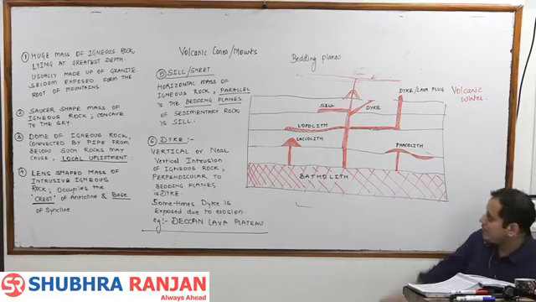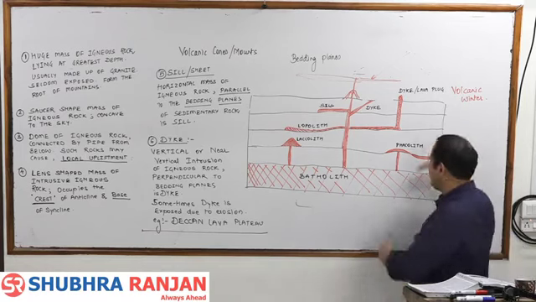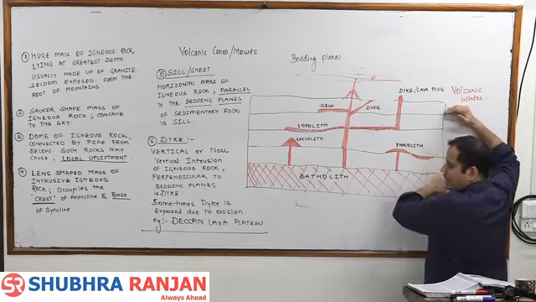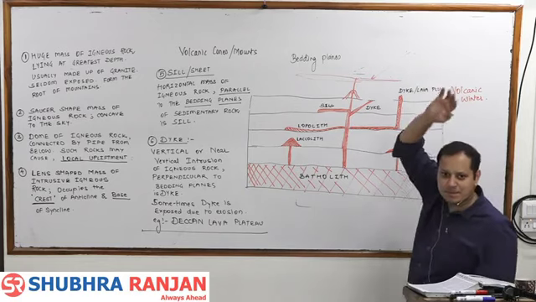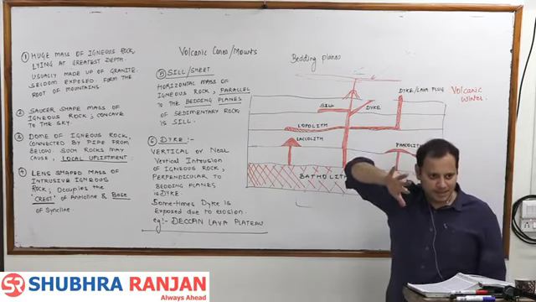So intrusive generally are felsic, extrusive are माफिक. माफिक मतलब बसाल्ट, फेल्सिक मतलब ग्रेनाइट.